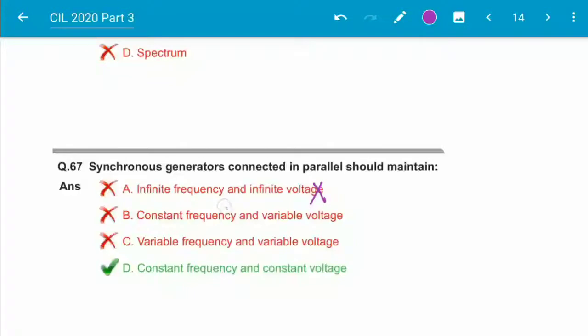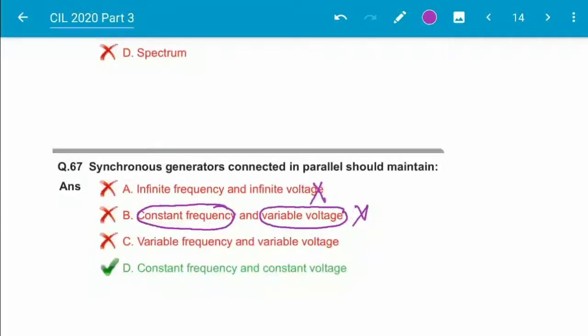Constant frequency is correct, but variable voltage is not, because if there is variable voltage, then current will flow from one alternator to another, and one will act as a source and the other as a load. Hence option B is not correct.